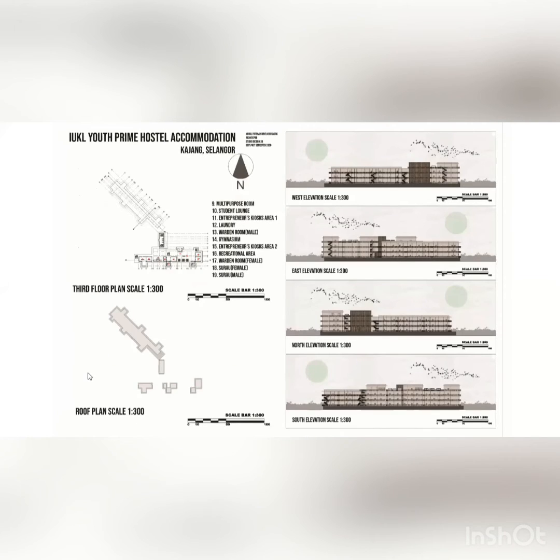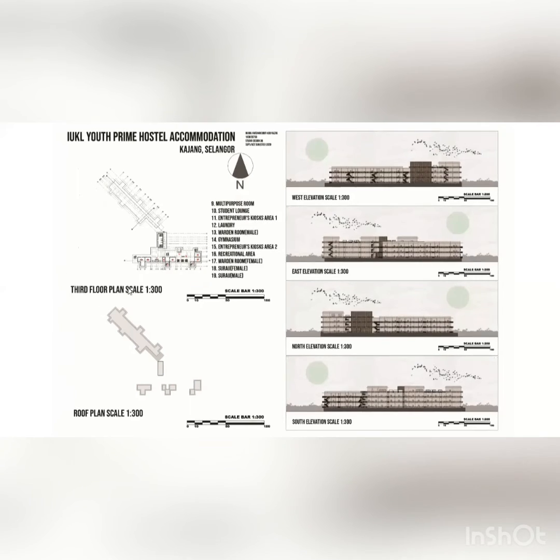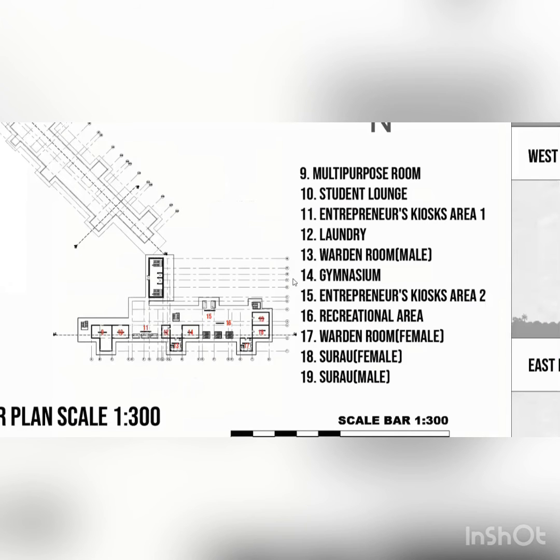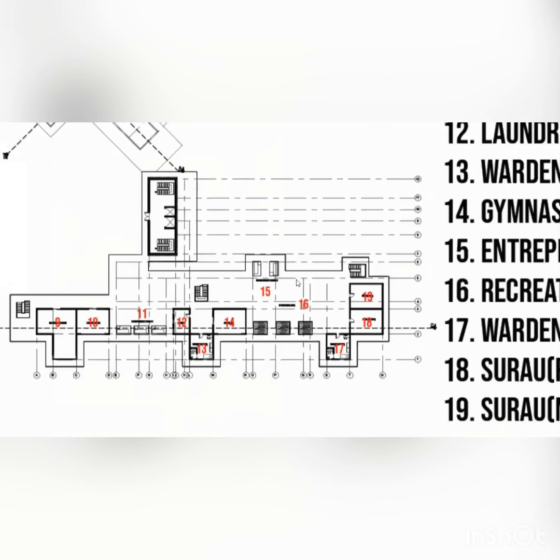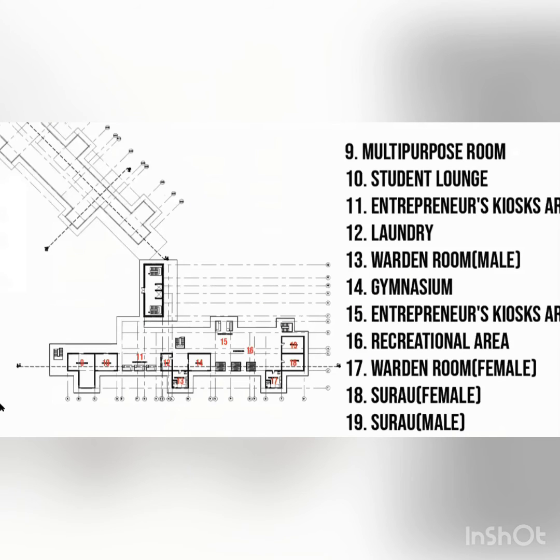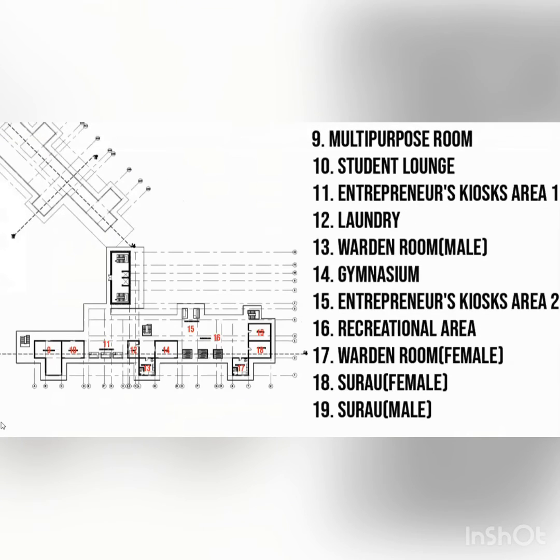Next is my third floor plan, which I really like. As you can see here, all of the activity spaces in my building are held at the third floor level. I will explain why later, but first I will show you the spaces with their numbers.